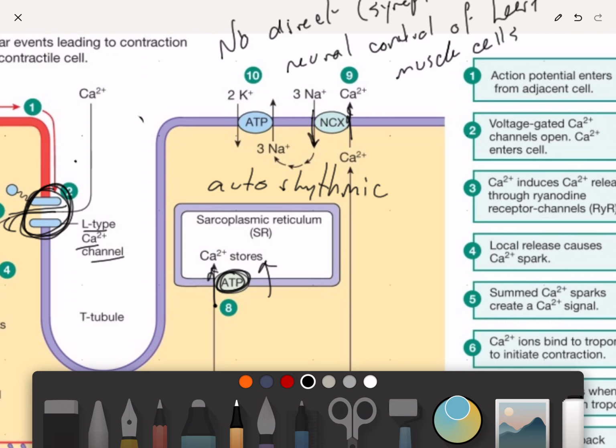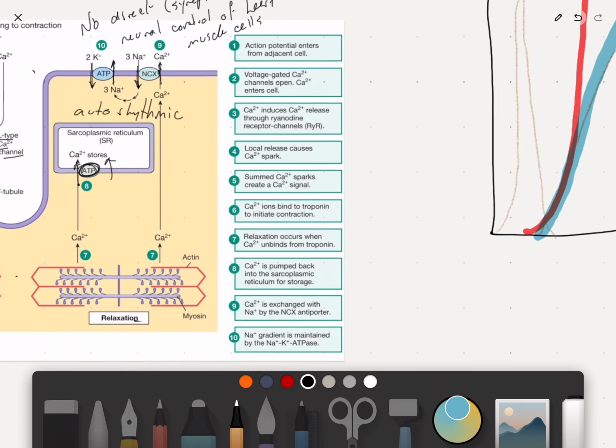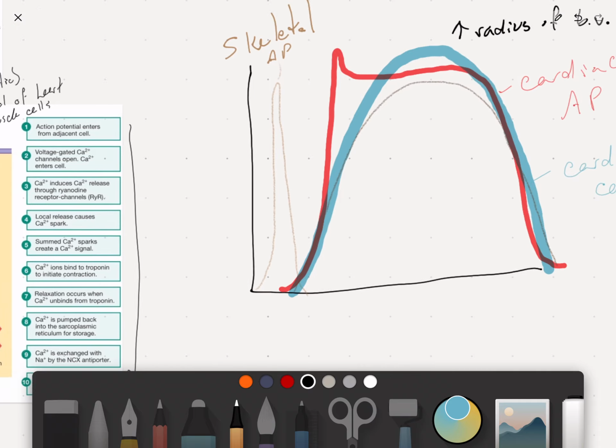That sodium is coming down its concentration gradient, and you're using the energy stored in that concentration gradient to pump the calcium out. You get the sodium back out through the sodium-potassium ATPase. You can see all of that in a little flow chart right here.